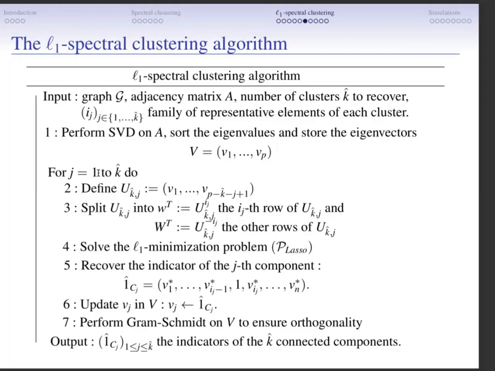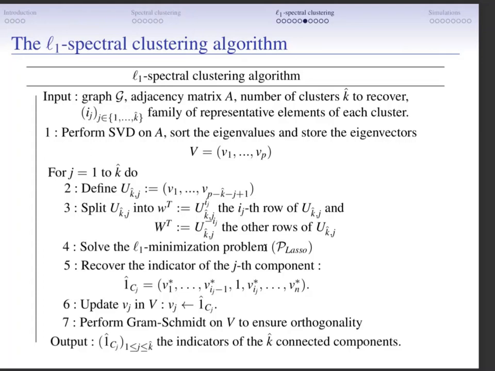For each component you want to find, you first define U_k as the eigenvectors associated with the smallest eigenvalues. You split U into two parts, w, which is the first row of U, and all other rows, capital W. You solve the L1 minimization problem I've just shown you, P Lasso.